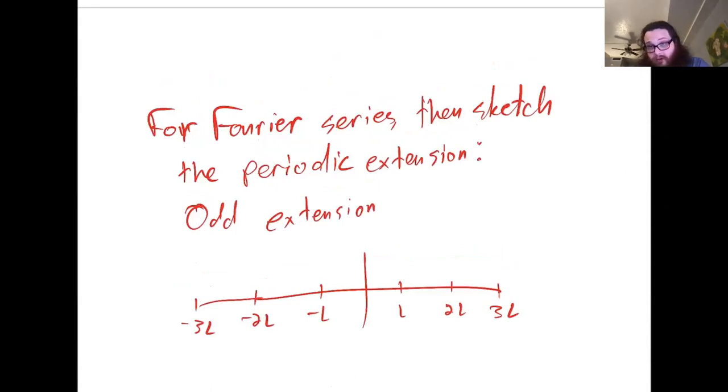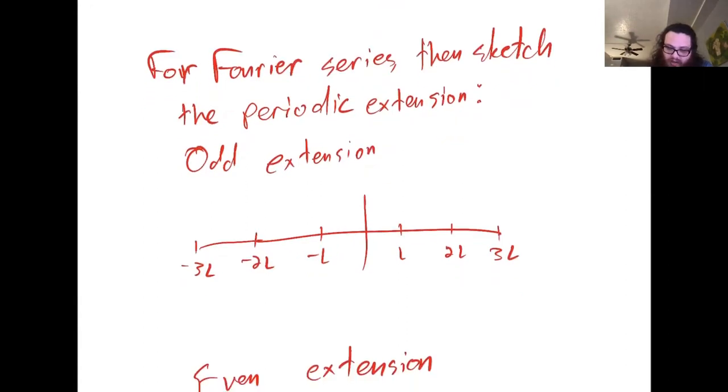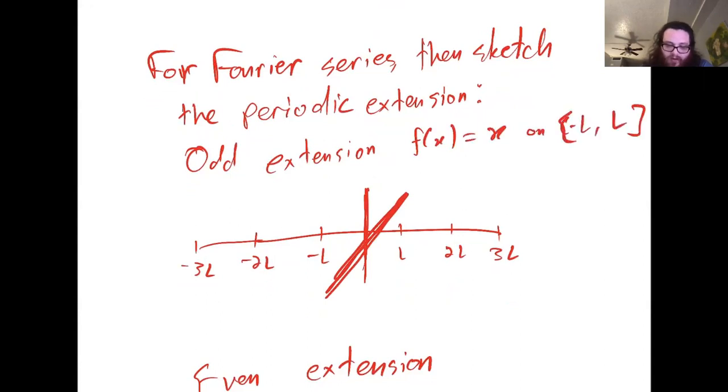So if we then want the Fourier series, we've already looked at that process. Sketch the function in the interval negative L to L, and then take its periodic extension. So for the odd extension, this turned out to be f of x equals x on negative L to L. Then for the periodic extension, we're going to get something like that.